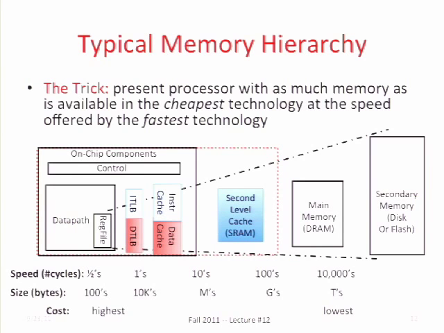Yeah, question. So does speed depend on physical distance from the processor? Speed does depend on physical distance from the processor, and it also depends on the technology that you use to actually make the transistors that are storing the information. So SRAM is made out of a certain technology that's faster.